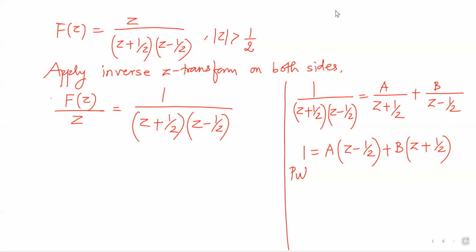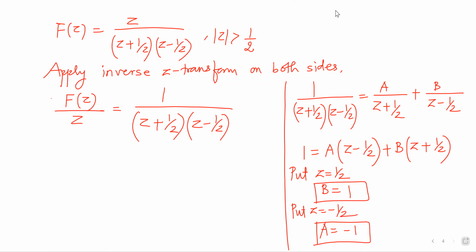Put z equal to half, so we get B equal to 1. Put z equal to minus half, so we get A equal to minus 1. Without this also you can make the adjustment and add these coefficients. Here it is possible actually.